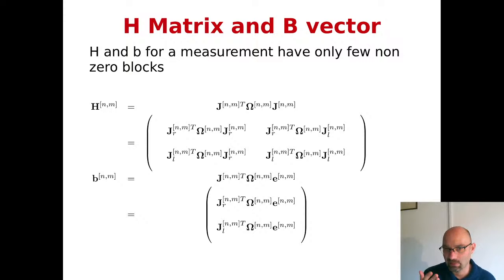But it's quite a silly idea to calculate the entire H matrix, which has 6n plus 3n to the square elements, where this n can potentially be large.